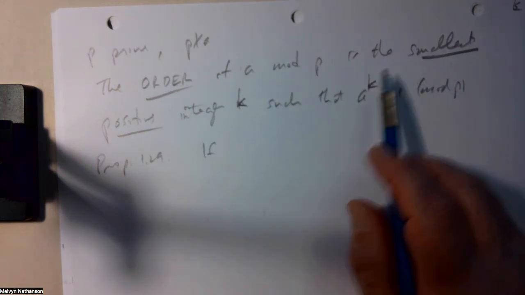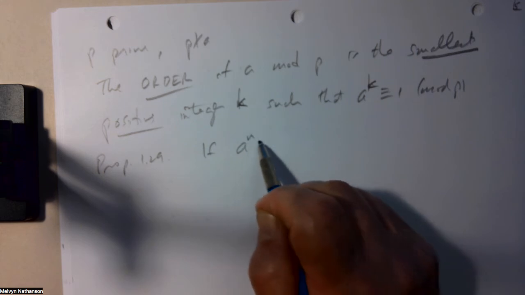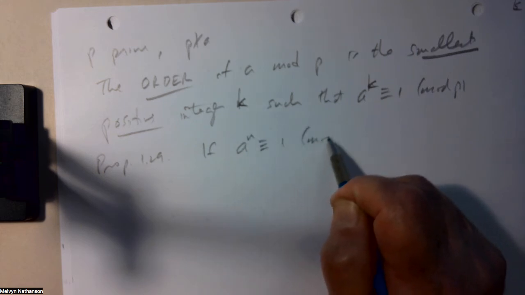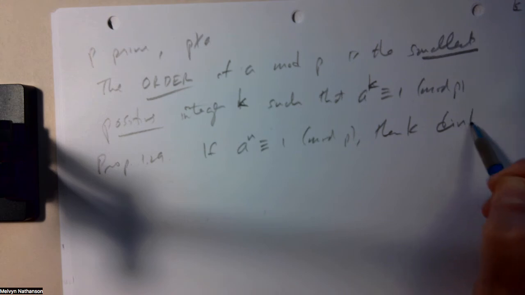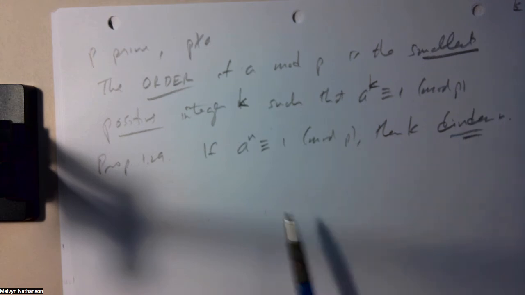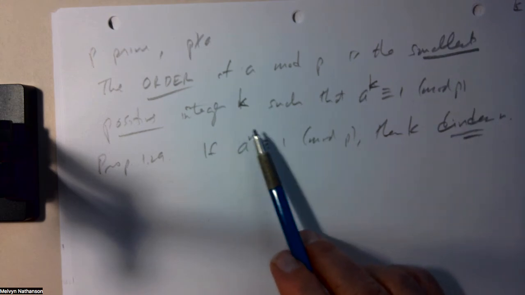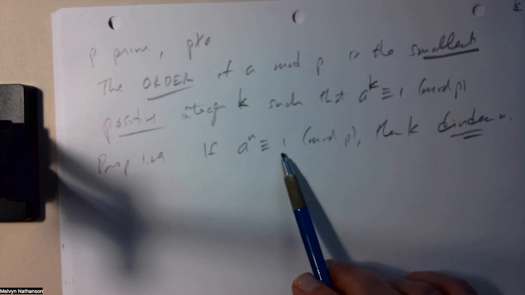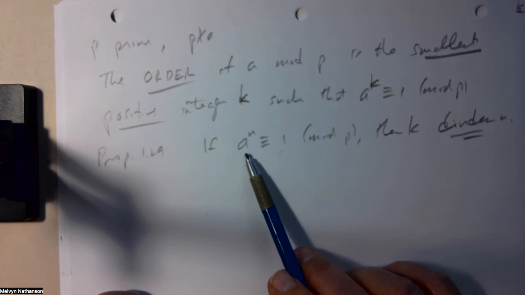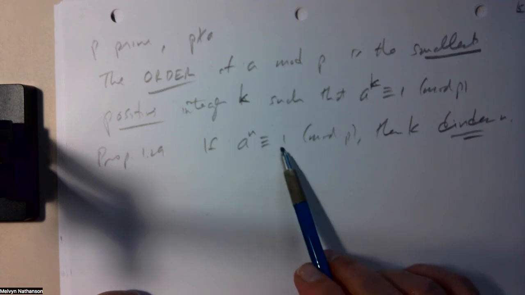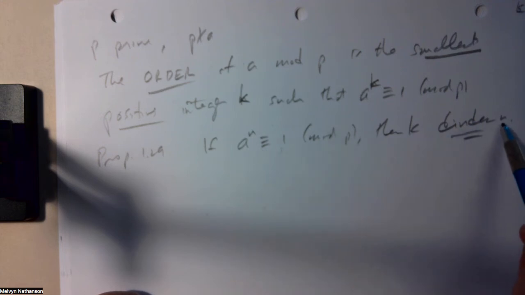And if k is the order of a mod p, and a to the n is also congruent to 1 mod p, then k divides n. So if k is the smallest positive power of a that's congruent to 1 mod p, and n is any power of a that's congruent to 1 mod p, k has to divide n.